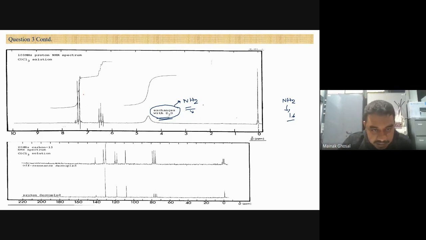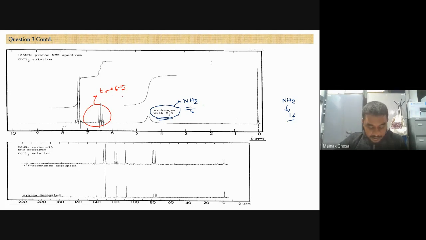In this case, you see there is a triplet pattern, right? If you calculate, that is at 6.5. You also see aromatic region protons, which confirms that an aromatic compound is present. What kind of pattern do you see? First, this one is for NH2. This is a 6.5 triplet.